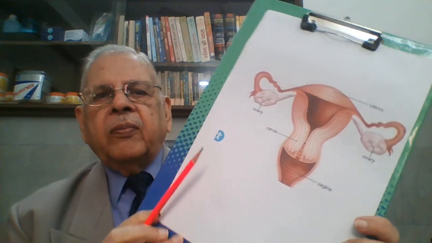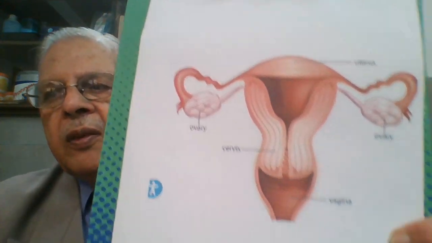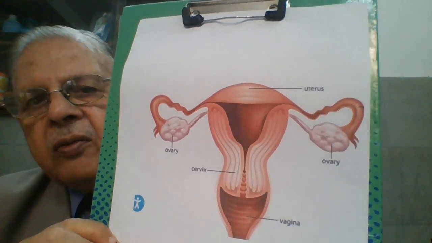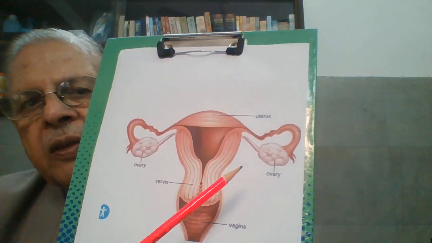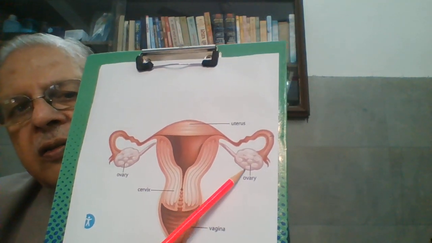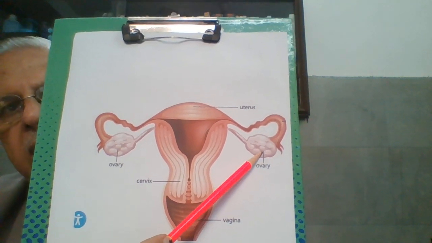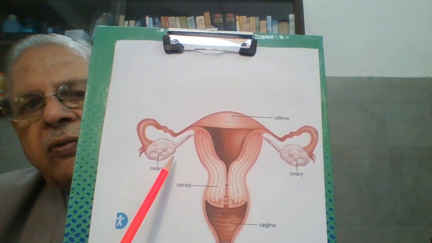See another diagram which I bring close to your screen, and look at this diagram carefully to understand the female anatomy. This rounded, almond-size structure is called ovary. Both sides you have ovaries.